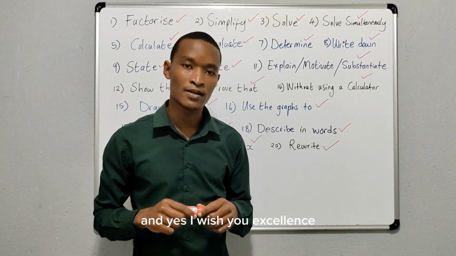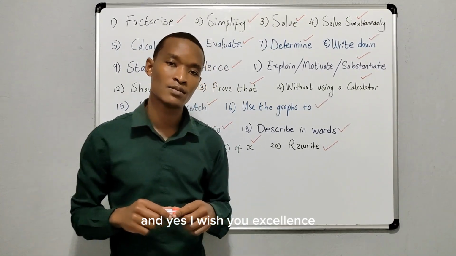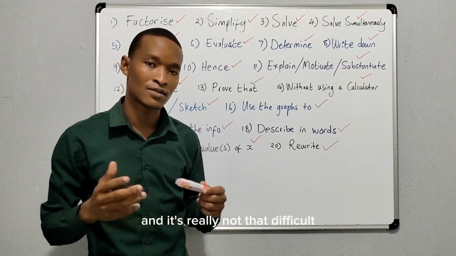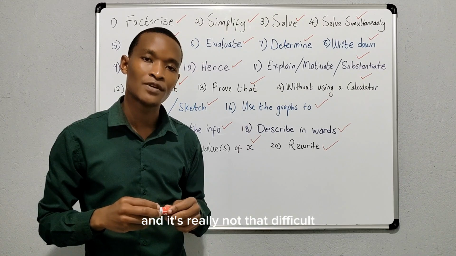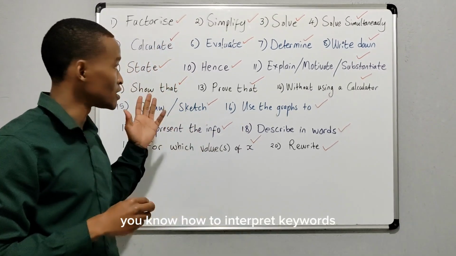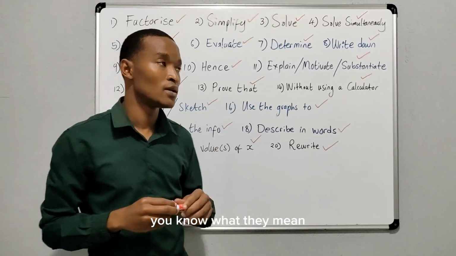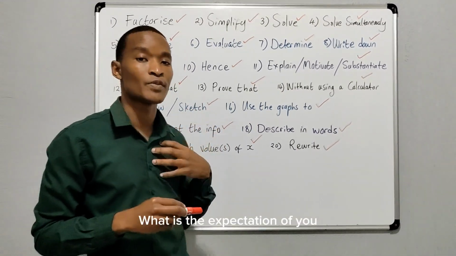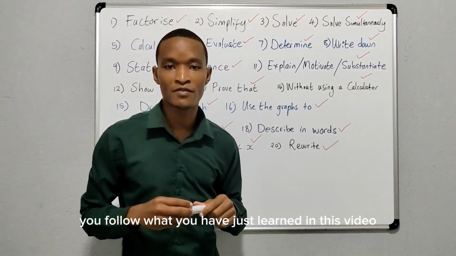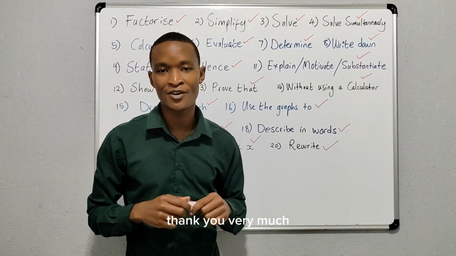And yes, I wish you excellence and possibly get that distinction. And it's really not that difficult, as long as you know your stuff, you know how to interpret keywords, you know what they mean, and therefore what is the expectation of you, and therefore you follow what you have just learned in this video.